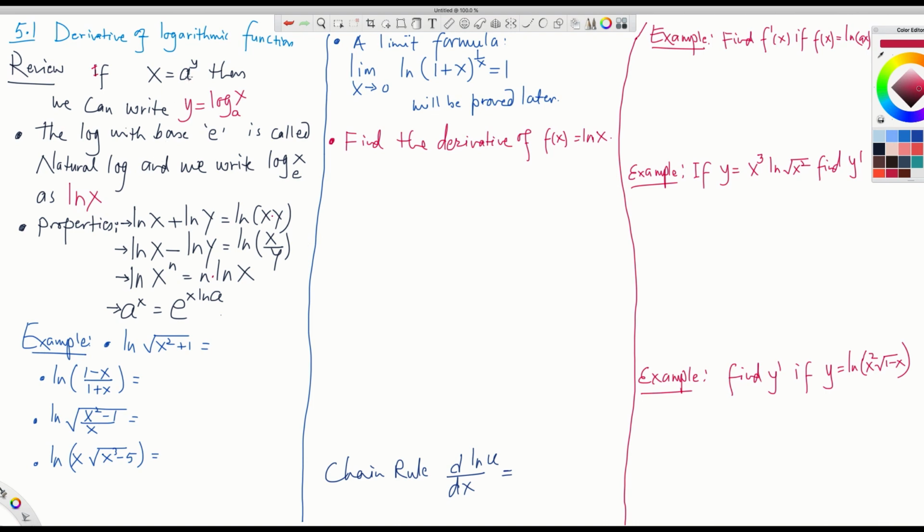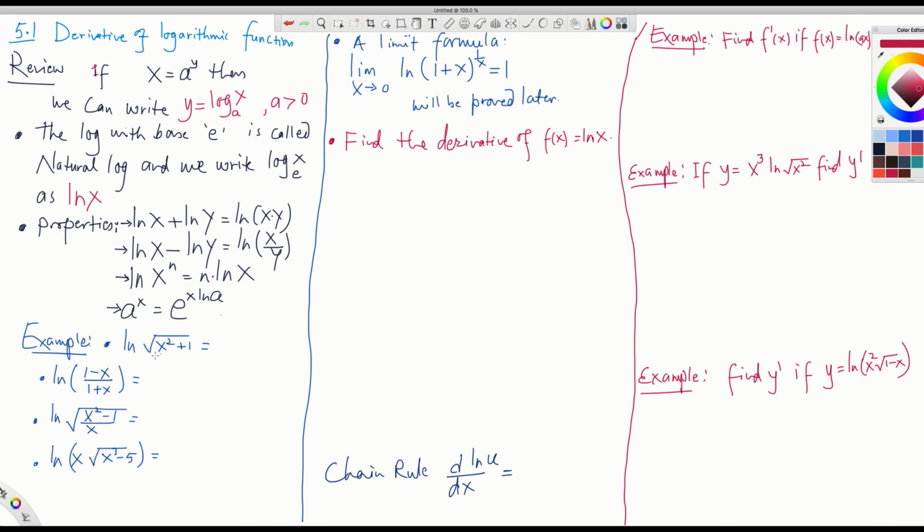By the way, as I mentioned, a must always be positive. When a is positive, any exponent of a will be positive as well, right? So a needs to be positive. That is a must, okay?